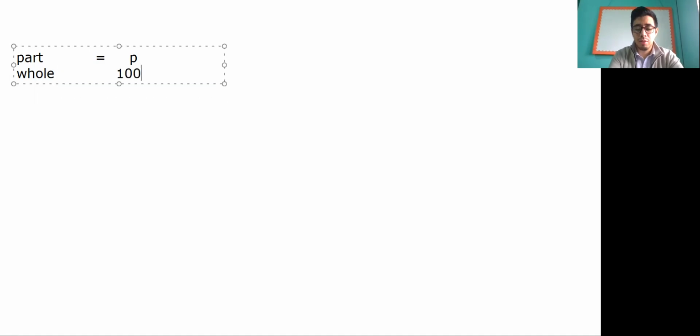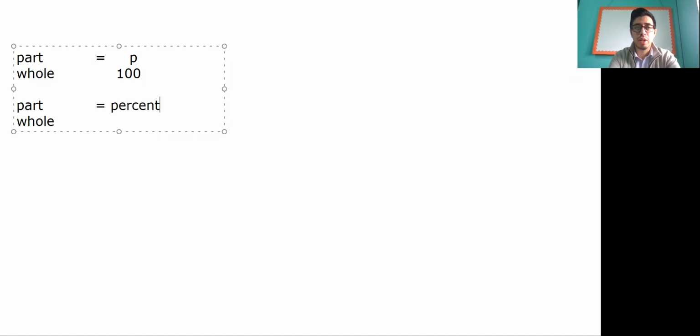And when you divide this by 100, what you are going to obtain is the percent, right? So I have that the part over the whole is going to be equal to the percent. So this is what we have in here.